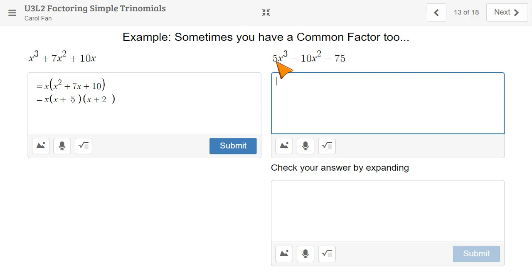In this case, I have a 5x cubed minus 10x squared minus 75. I know 5 is common to all of them. I'm going to take out the 5. We have x cubed minus 2x squared minus 15.